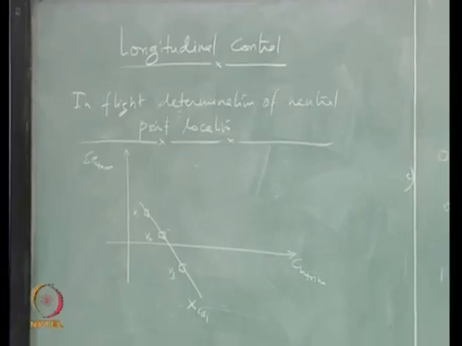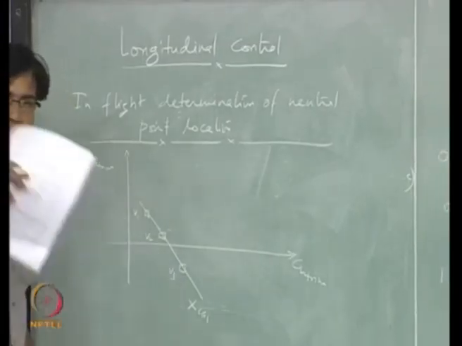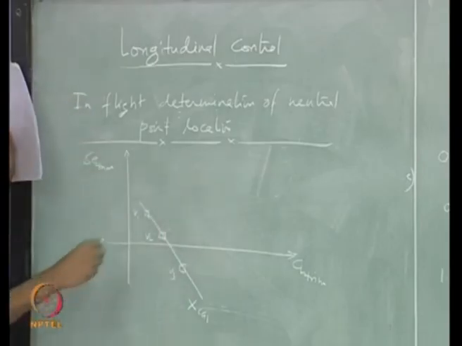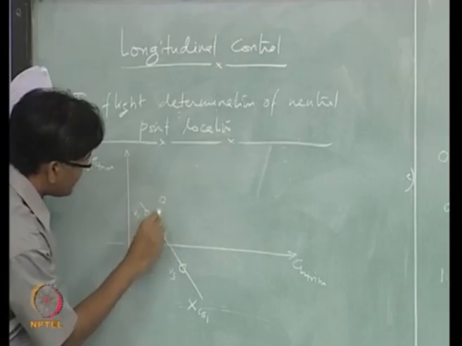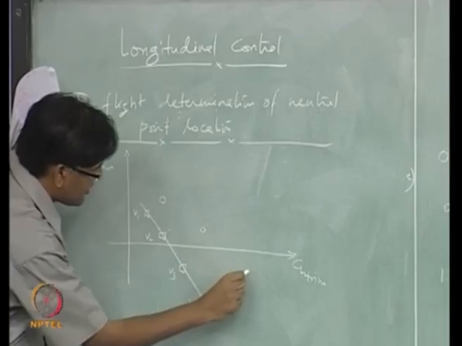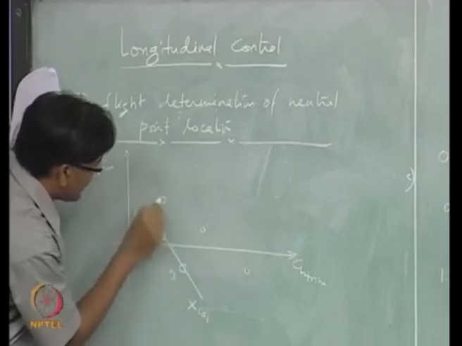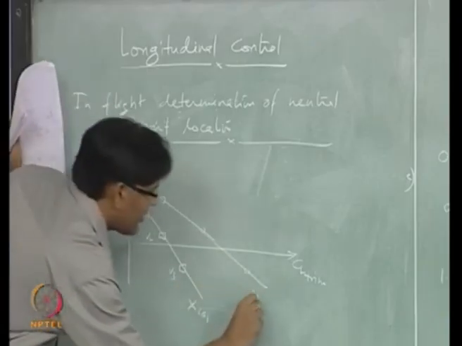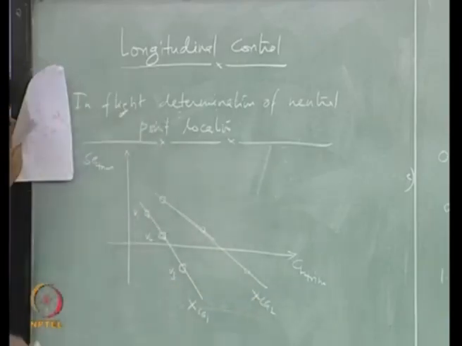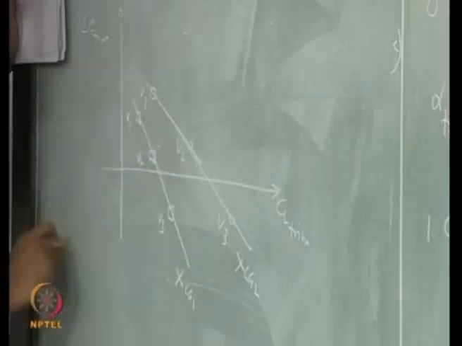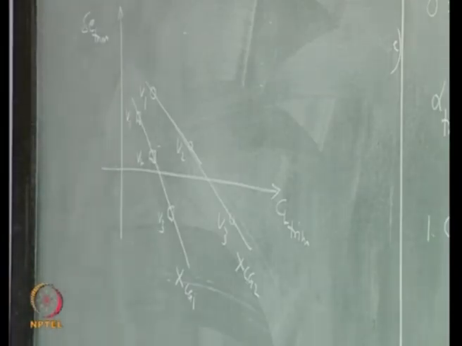Change something on the aircraft, which will change the CG, and then again fly 3 different velocities, speeds. Okay. So, you get 1, let us say 2 and 3, and you can join these. Okay. V1, V2, 3 different trim speeds, right.